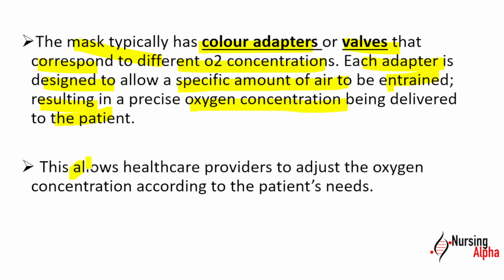This allows healthcare providers to adjust the oxygen concentration according to the patient's needs. According to the patient's requirement we will change the valves. If the demand is higher we will use one color code, and if it is lower we will use a different color code. So we first saw the parts of the Venturi mask, then the principles of the Venturi valves, then the color adapter, and then we will discuss the color coding.